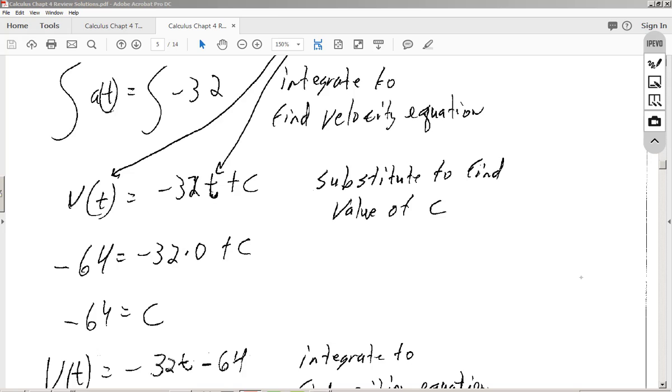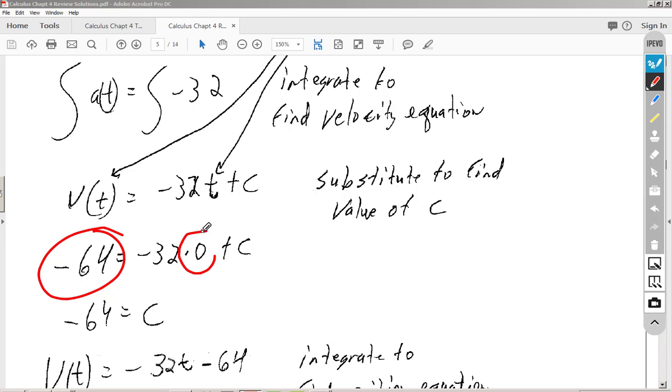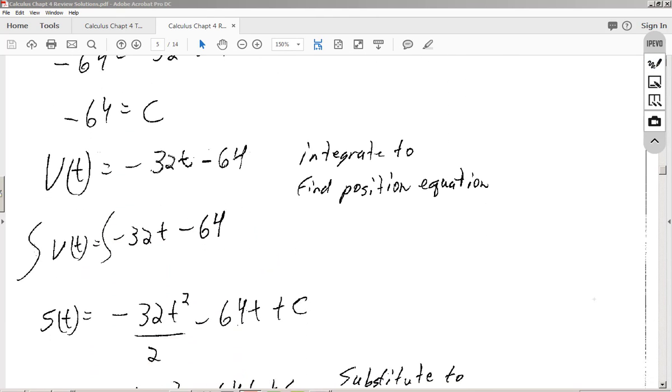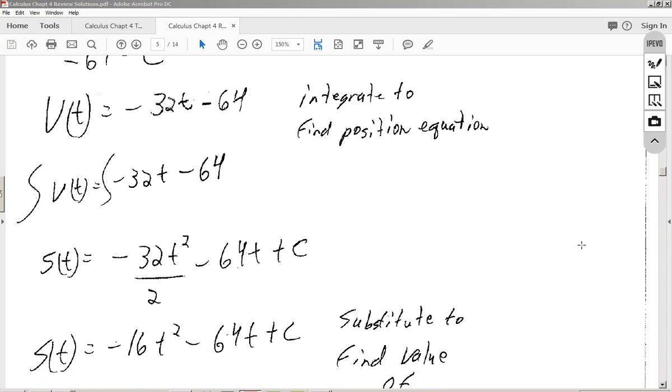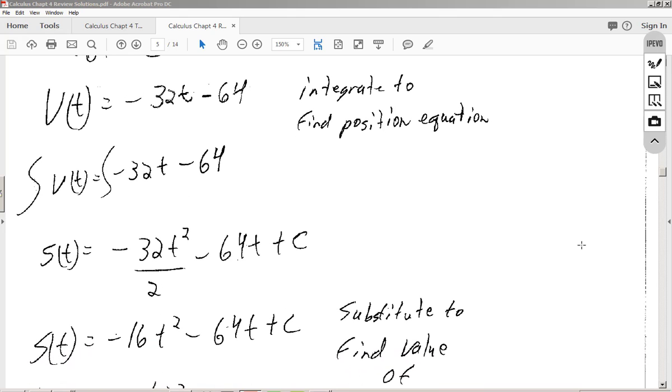And on your homework assignment, you basically figured it out, because when you substitute in that negative 64 and you substitute in that 0, you're going to end up with your c value. That's always going to be 0 right here. And so your c value is negative 64. So that means that my velocity equation is negative 32t minus 64.